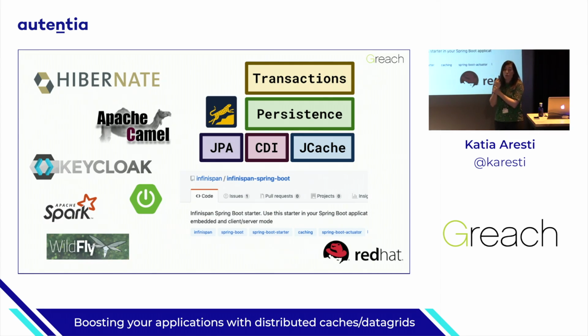We can do persistence at different levels with JPA if we want, with RocksDB, and we can even do transactions if we need. So that's a very big stack to supply lots of functionality in your applications.